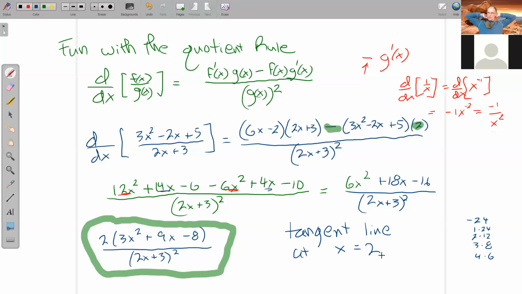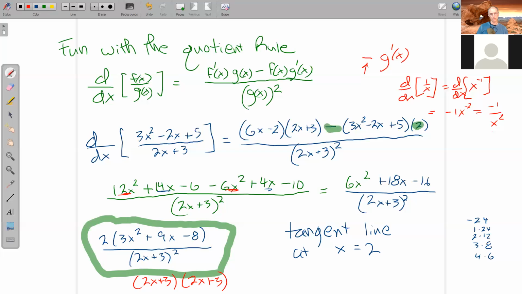You don't want to multiply out the denominator, because that is a waste of time. The only time you can tell if something cancels between numerator and denominator is if they are factored, and the denominator is, right? That's 2x plus 3 times 2x plus 3.